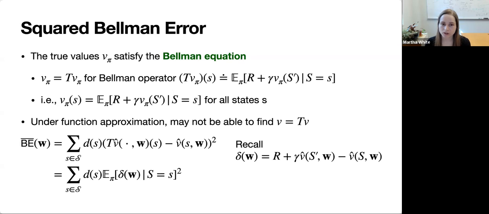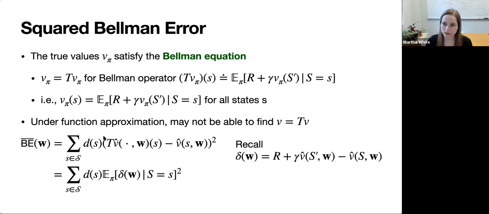So under function approximation, we typically won't be able to find v equal to T v. We won't be able to satisfy this equation for every single s. There's going to have to be some trade-offs. So instead, we're going to try to minimize the distance between v and T v. So that's what the Bellman error is. The mean squared Bellman error says, I'm going to apply my Bellman operator to v hat, and I'm going to look at the difference between my Bellman operator applied to v hat minus v hat, and I'm going to take the squared difference.